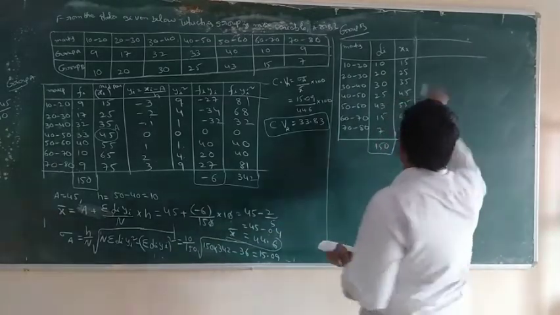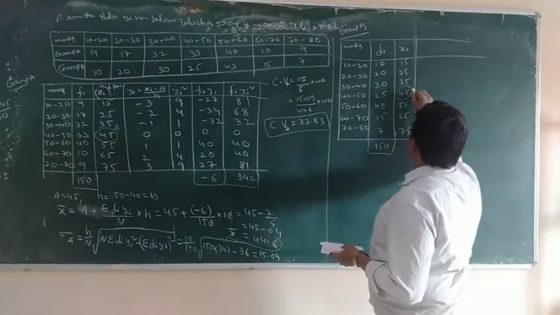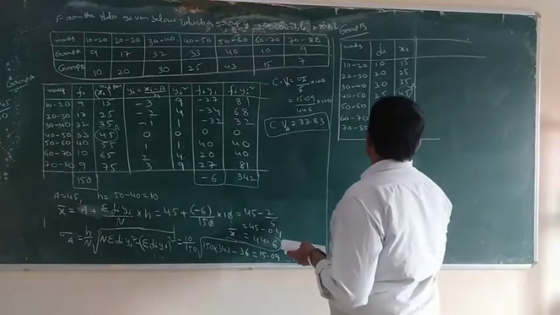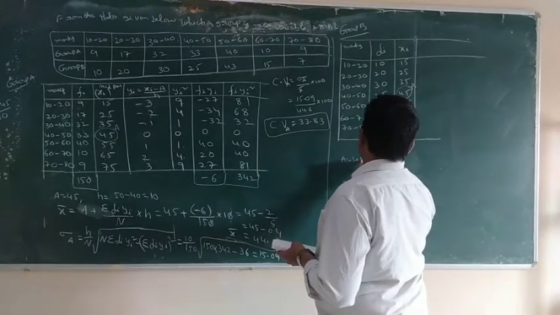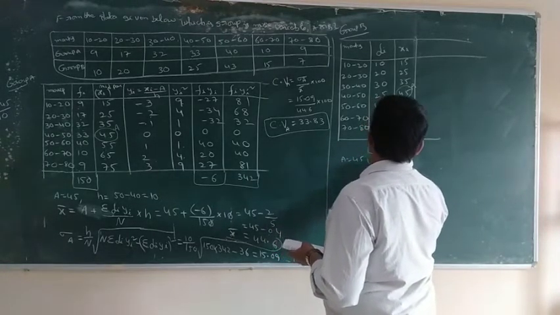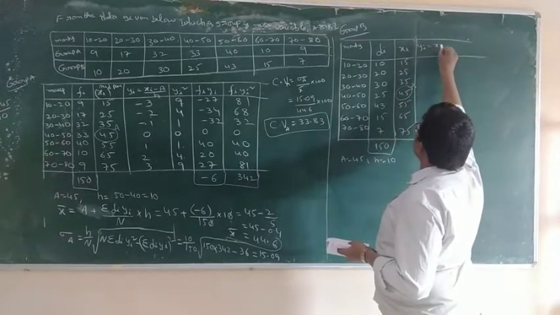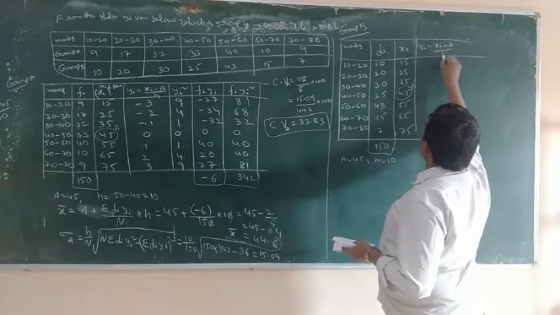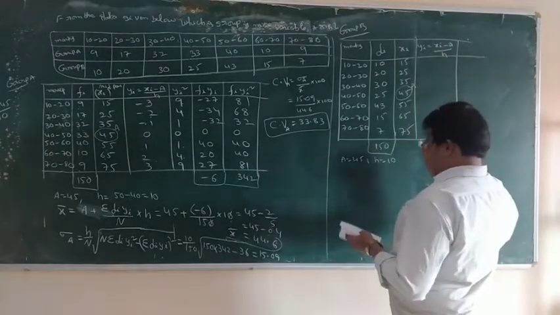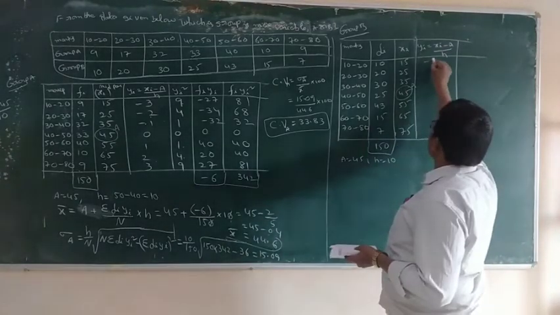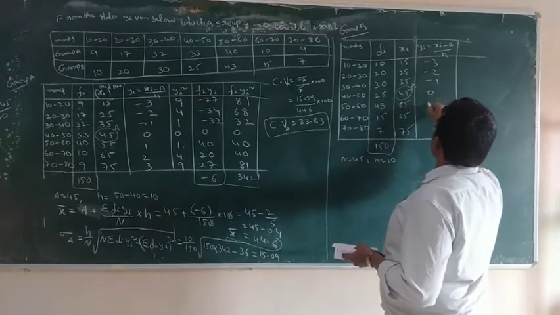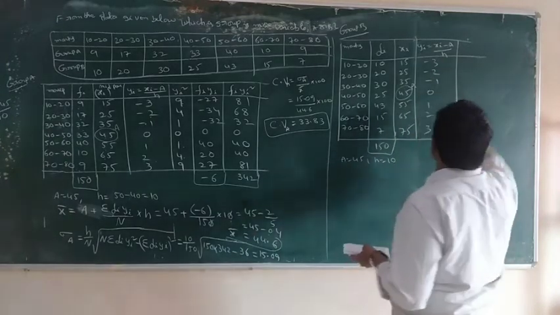Again A is equal to 45 and h is equal to 10. So yi is equal to xi minus A by h, with the same values: minus 3, minus 2, minus 1, 0, 1, 2, 3.